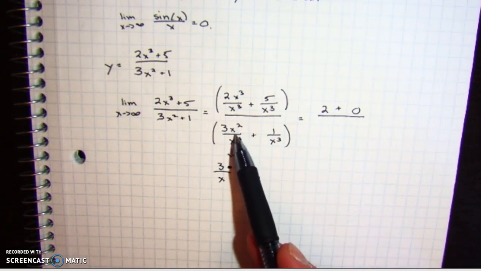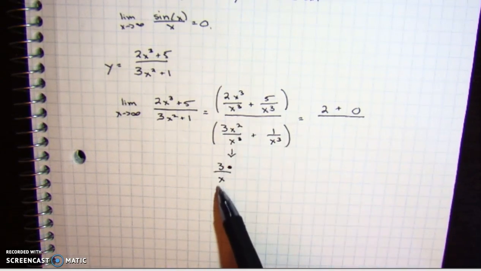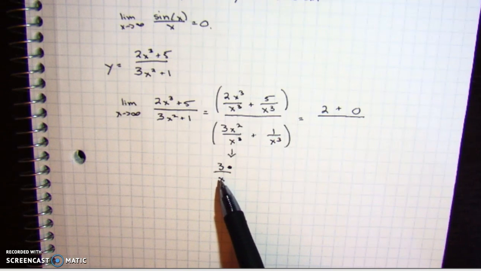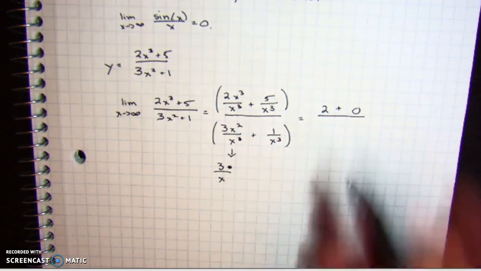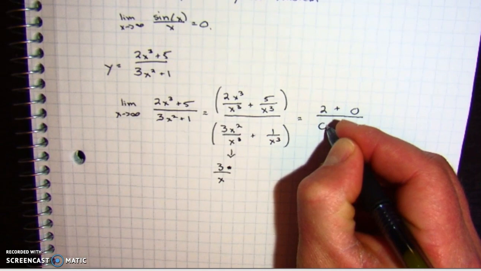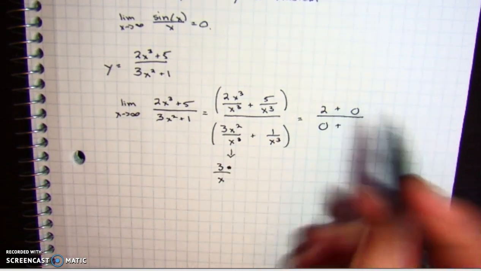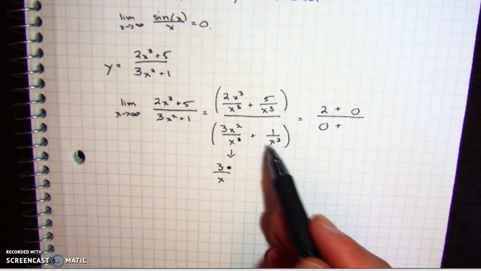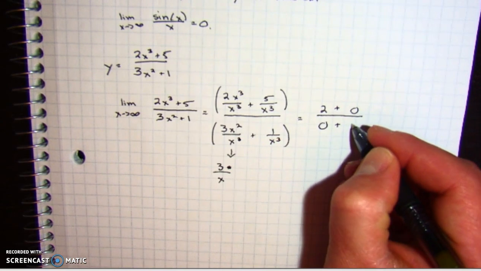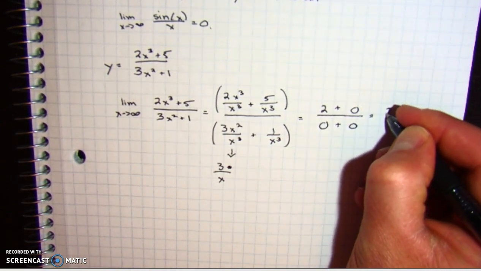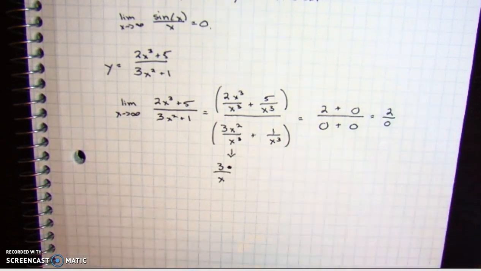If this simplifies to 3 over x, when x gets really, really big, this is going to approach 0 also. So we're going to have a 0 down here, because 3 over some really huge number is just 0. And the same thing with this one, 1 over some really big number is going to be 0 as well. So we've got 2 over 0.